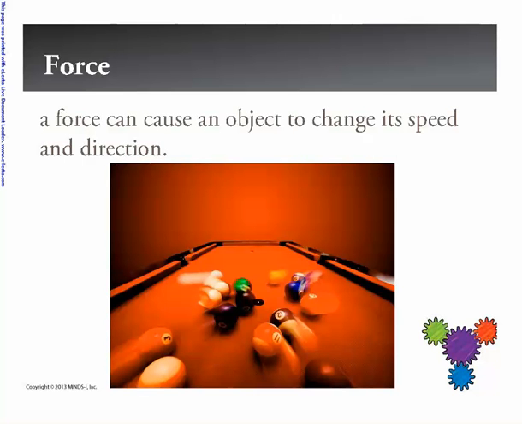A force can cause an object to change its speed and direction. Pool is an excellent example of force and motion. The whole object of the game is to knock one ball into the other and subsequently knock another one into the hole.